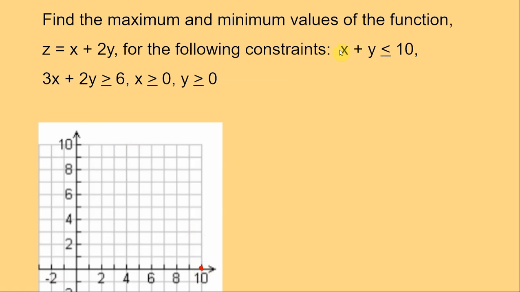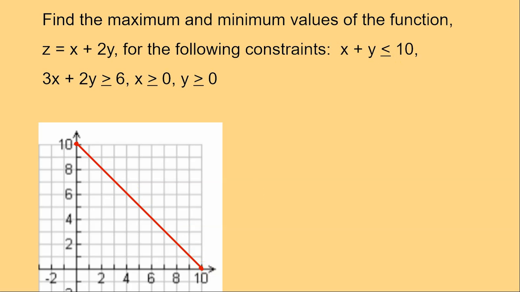And then if I were to put a 0 in for x, that would leave me with y equals 10. So on my y-axis, I would go up to 10 and put a dot and then connect those points. If you wanted to, you could rearrange this into slope-intercept form and graph it that way. Either way, you'll get the same line. So I will connect those points using a solid line because it's the less than or equal to.